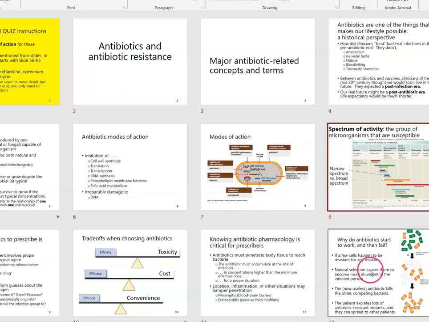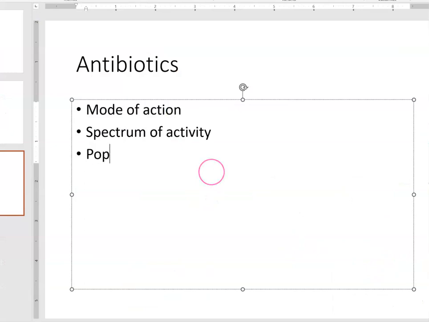And then this population model of antibiotic failure. Why do I teach you this?